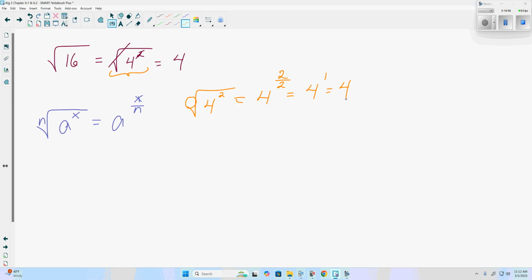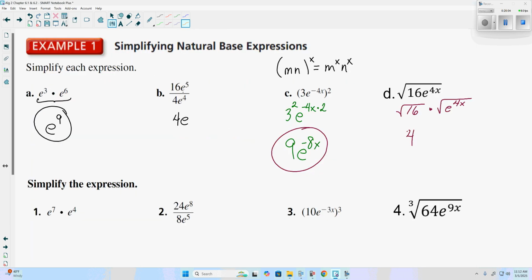We don't teach it in middle school because it's a bit much to think of a fractional exponent at that point. But the reason I bring it up is because of this here, e to the 4x. Now the index for us is 2.